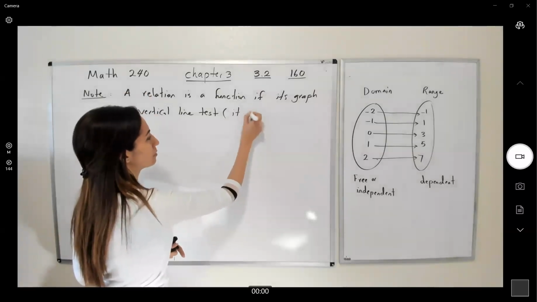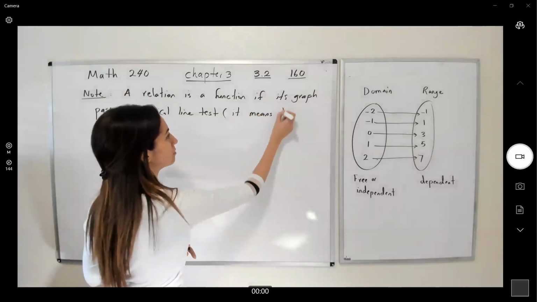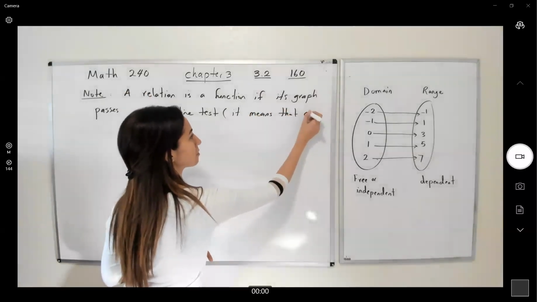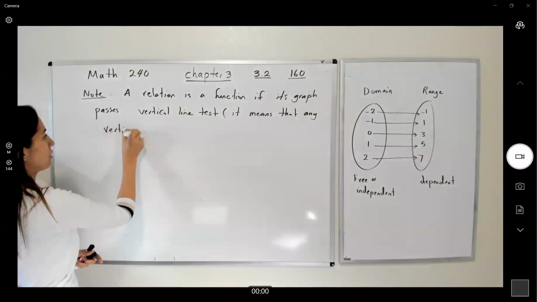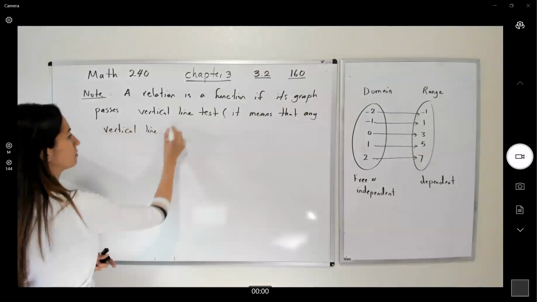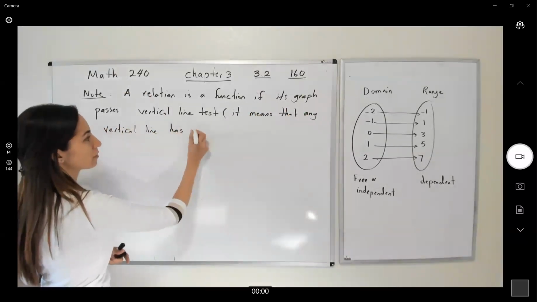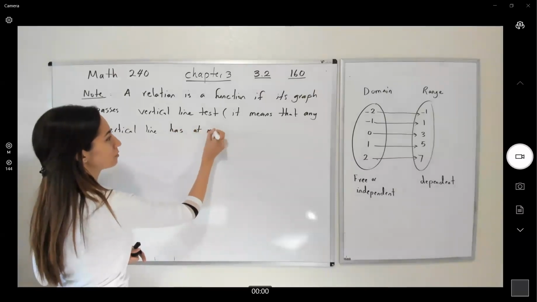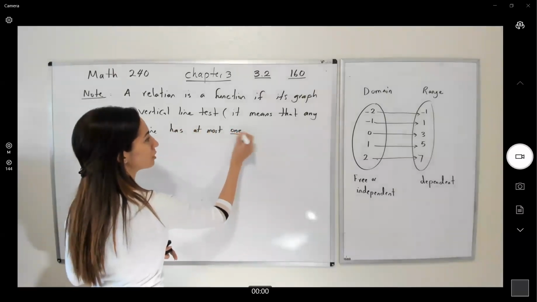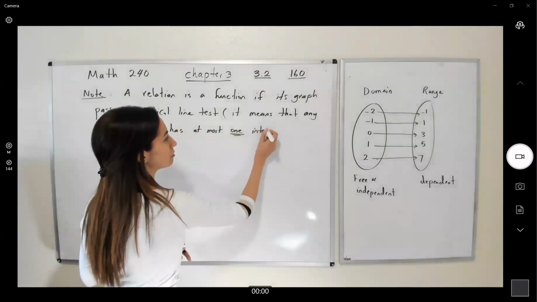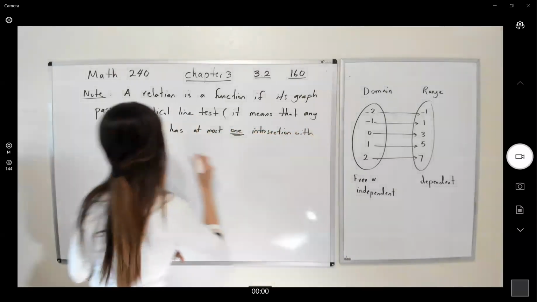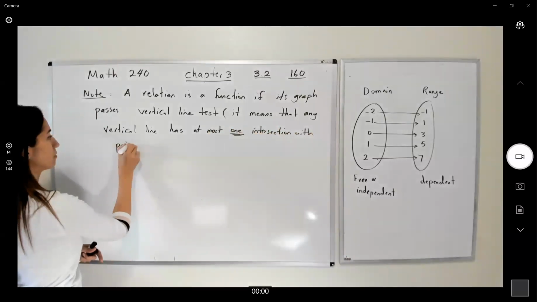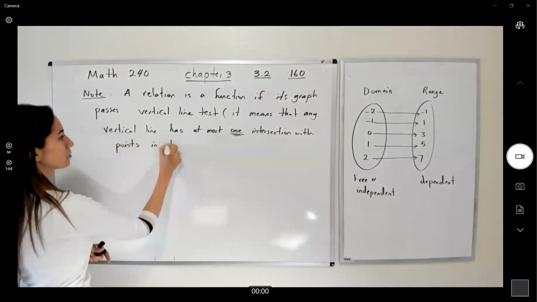It means that any vertical line has at most 1 intersection with points in the graph.